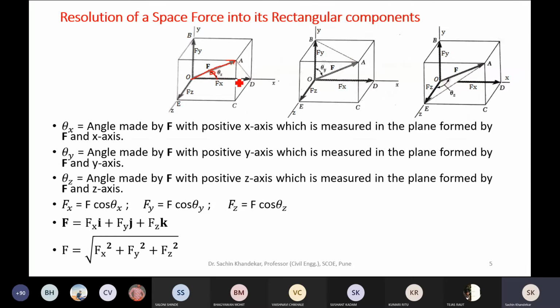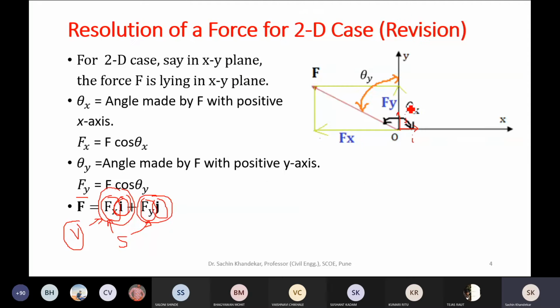Fine. And hence, what should be the x component? The same knowledge I'm extending here. How do we define theta x? Theta x is the angle made by F with respect to the positive x-axis. And this is how we define the x component of the force, Fx as F into cos of theta x.